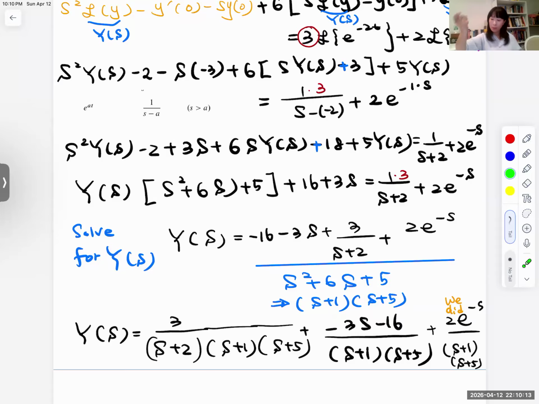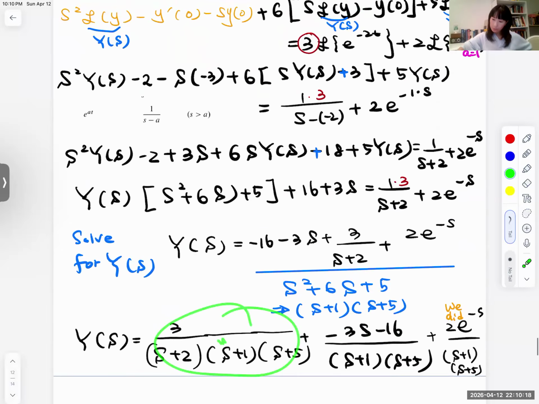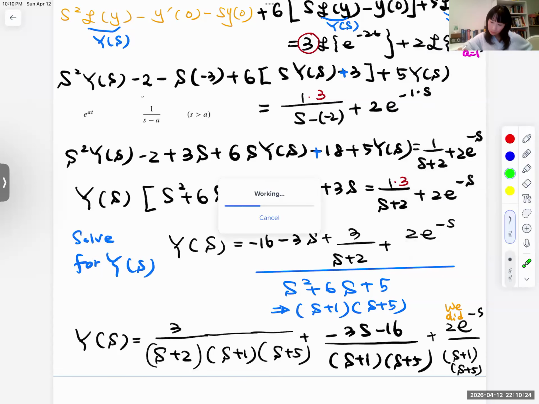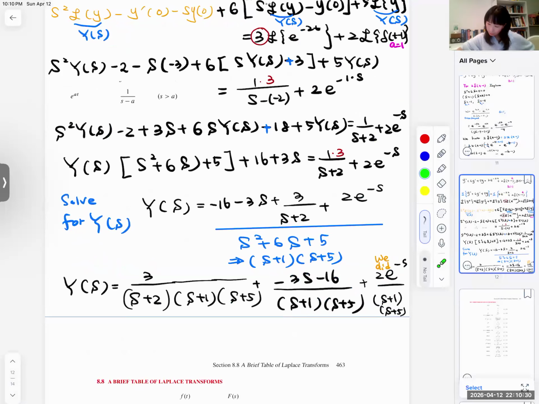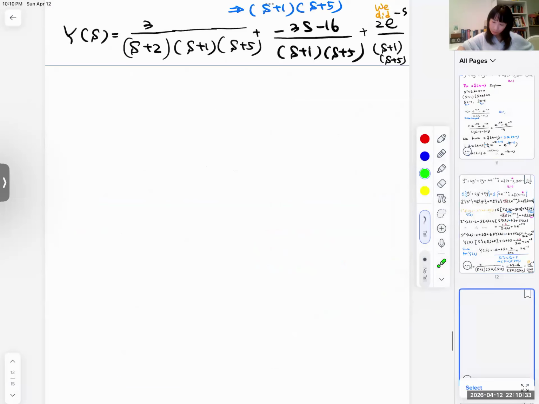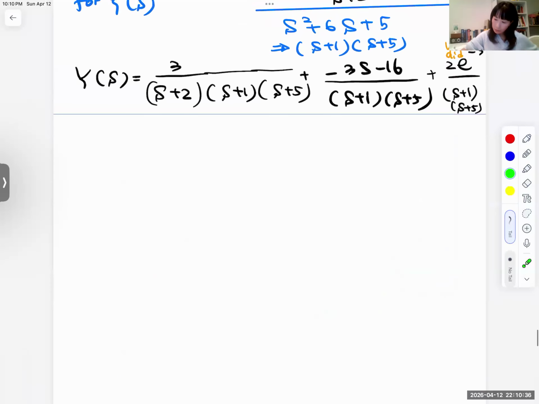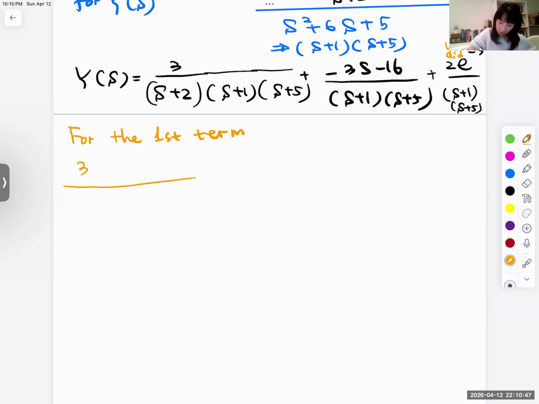All right, so let us do partial decomposition for the first term. Oh no, what am I doing. Hold on one second, sorry. For the first term, 3 over s plus 2, s plus 1, s plus 5.